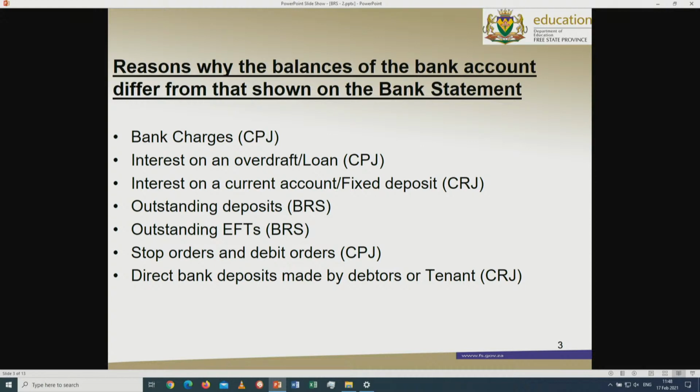Outstanding EFTs. Remember, we said we might have outstanding EFTs because we talked about scheduling the EFT, or you are transferring money to a person who is not using the same bank as yours.